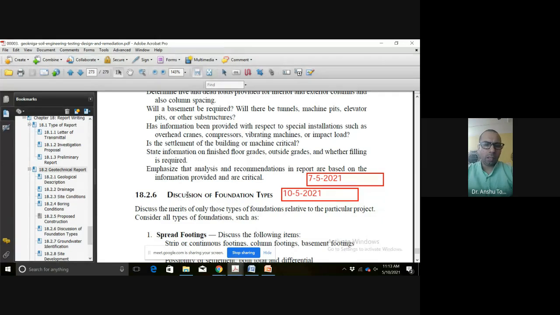After giving the geotechnical parameters in detail, you need to conclude that report. In the conclusion, you have to mention the basic parameters and whatever conclusions you are going to communicate to the client, what has to be done and what has not to be done.